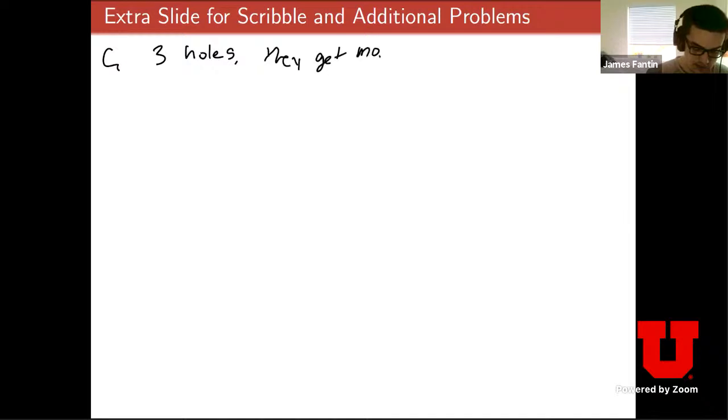Homework problem 7 next. So for C, what we're interested in now is the probability that in 3 holes they get more pars than hole-in-ones.